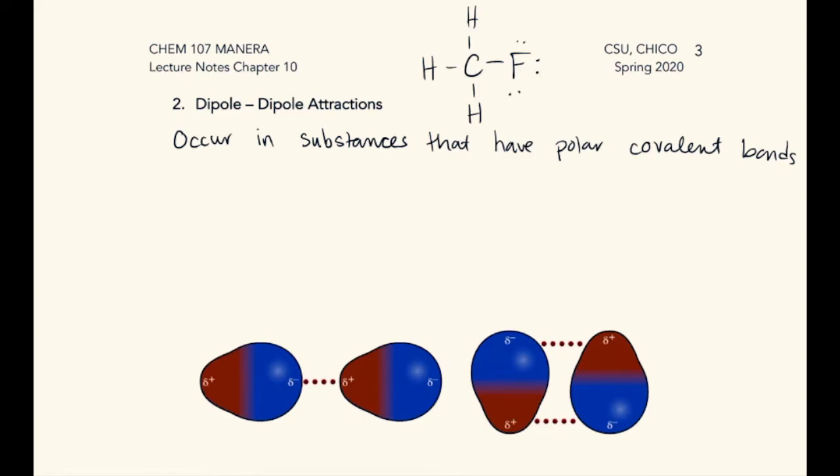So in a sample of this substance, more than one of them, we have the potential for dipole-dipole attractions. And the name of them comes from the permanent dipole in one molecule interacting with the permanent dipole in the other. So the key difference between London dispersion and dipole-dipole is that it occurs in substances that have permanent dipoles.